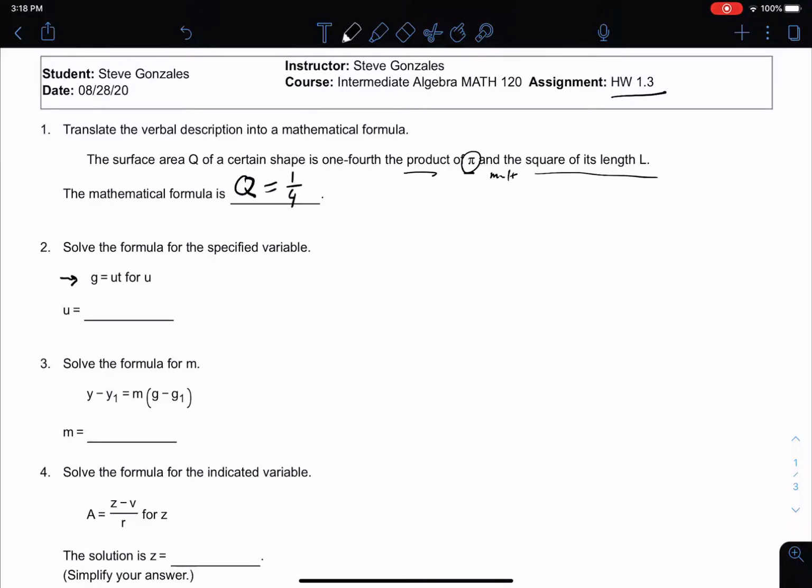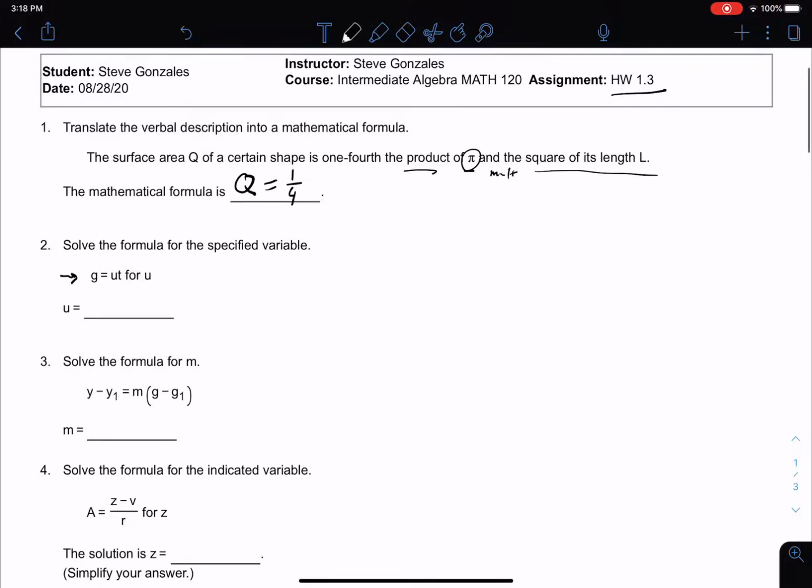Okay, so it's 1/4 times pi, times the square of the length. So this is L squared, and that's it.